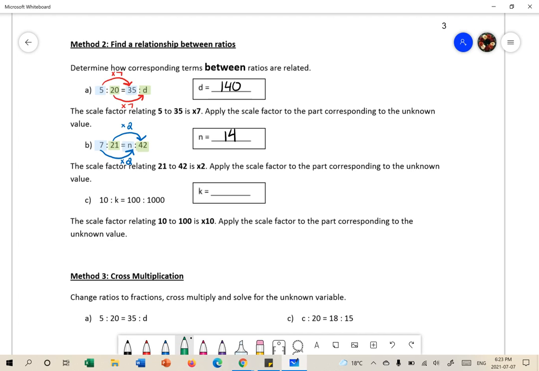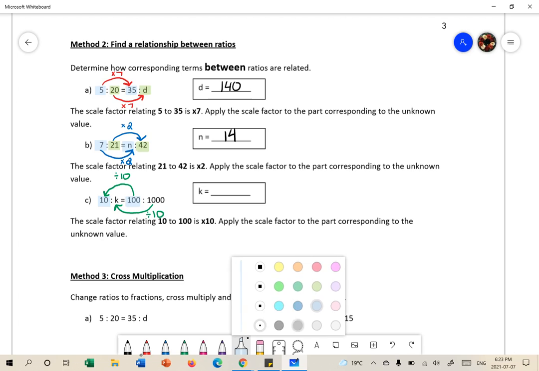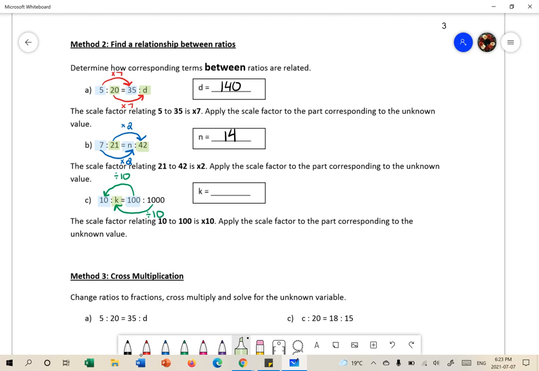And the next one, so to go from 100 to 10, we divide by 10. To go from 1,000 to k, we're also going to use the same scale factor. 1,000 divided by 10 is 100.